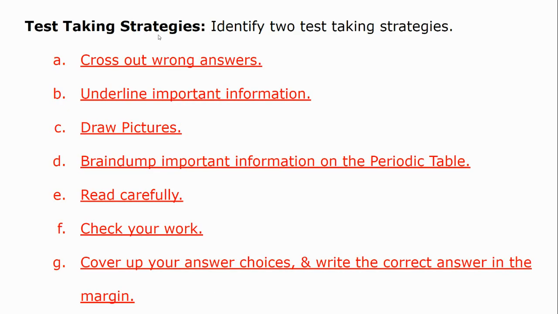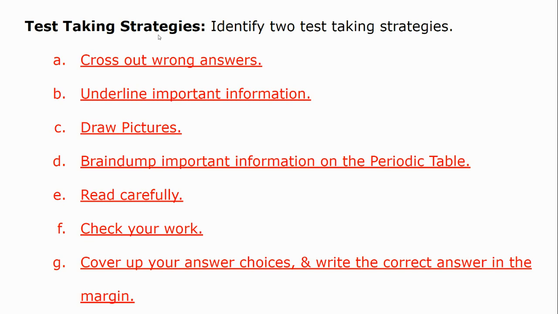Okay, so let's do some test taking strategies. Guys, it's kind of hard in the virtual world, but go through it, figure out which answers are wrong. If you decide that you're going to print out your test, underline some important information, draw pictures on scratch paper, remember what you can about the periodic table.